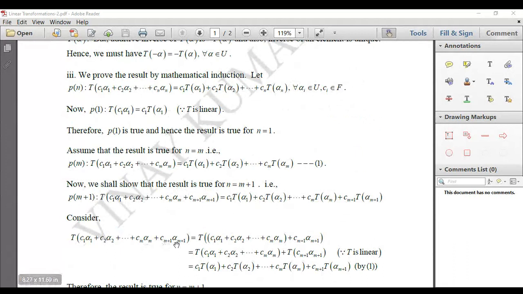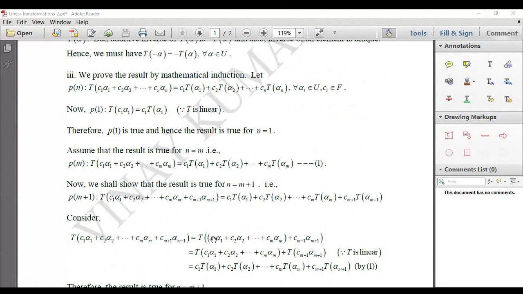How many vectors do I have here? m plus 1 vectors, the sum of m plus 1 vectors. Let me do one thing. Let me take a bracket for the first m vectors, and make that one group. And the remaining vector, Cm plus 1 alpha m plus 1, I'll take separately.